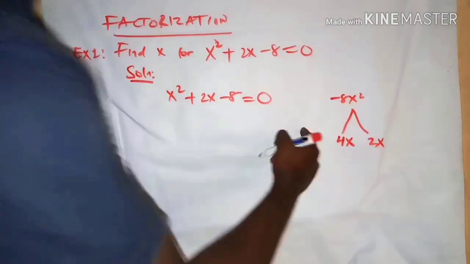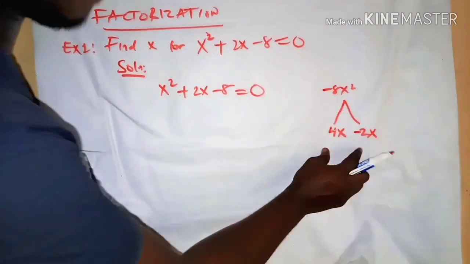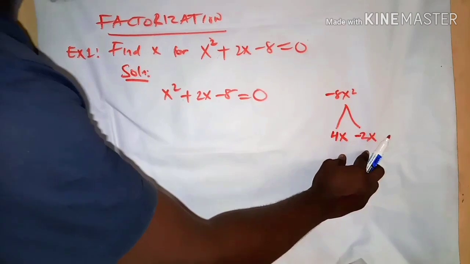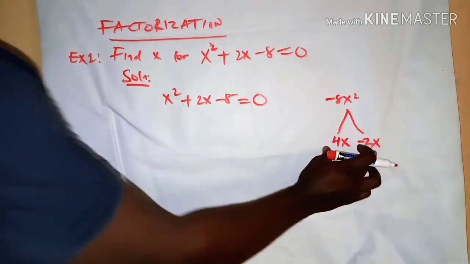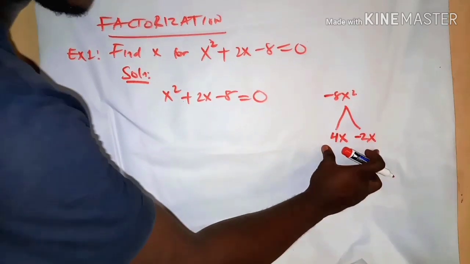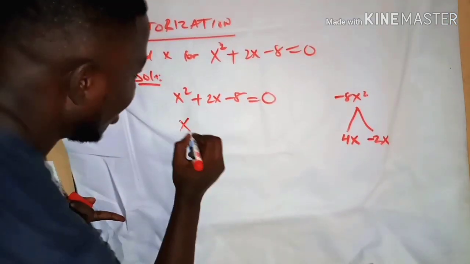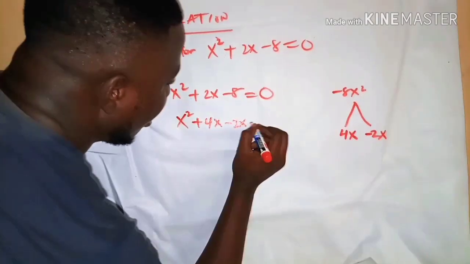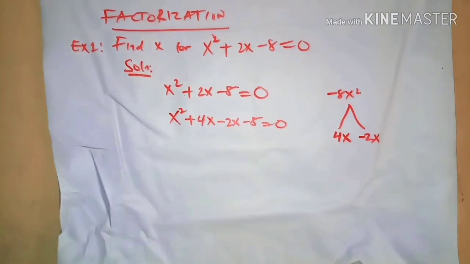So we'll say 4x and minus 2x, so that 4x minus 2x is plus 2x, and 4x times minus 2x is minus 8x squared. So these two coefficients will be substituted into this equation, and we have x squared plus 4x minus 2x minus 8 equals 0.